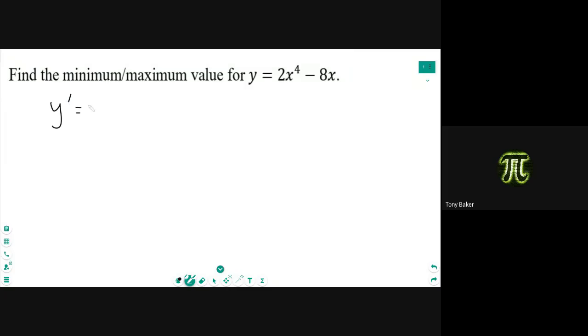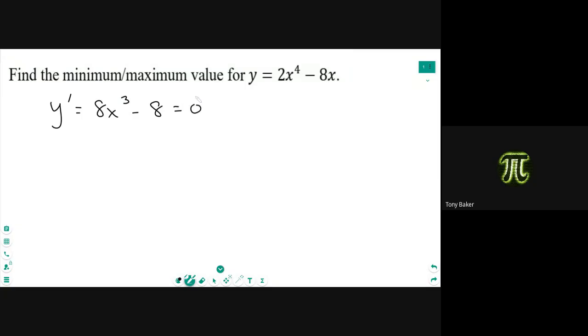So y prime... So how do I find my critical numbers?